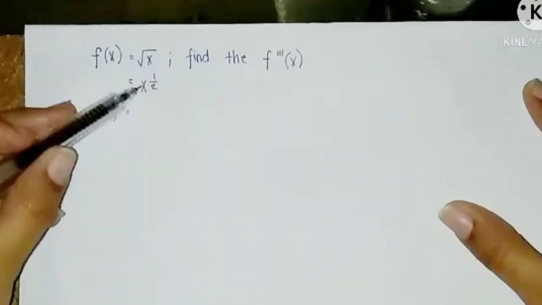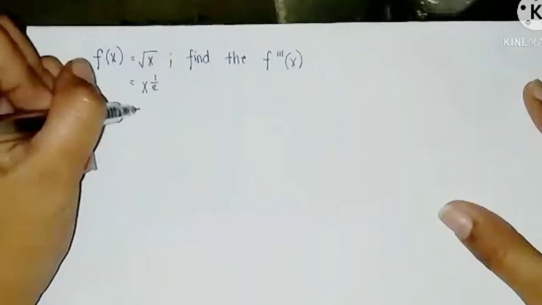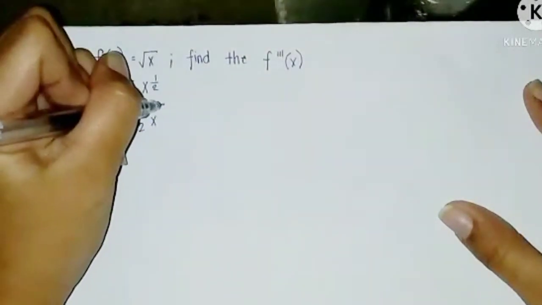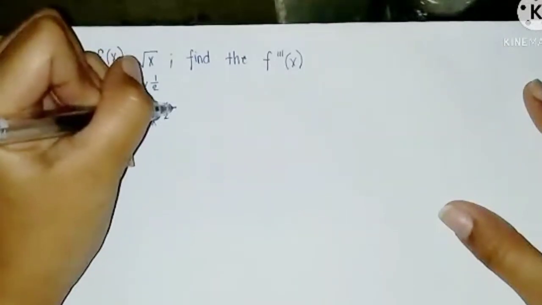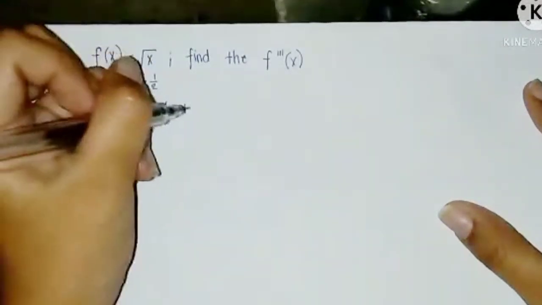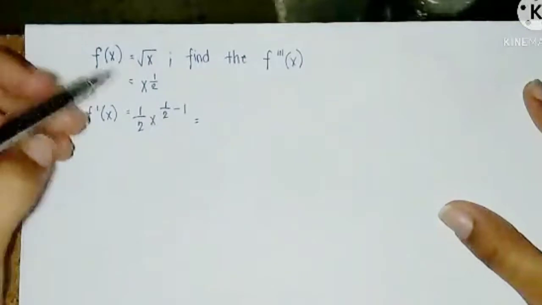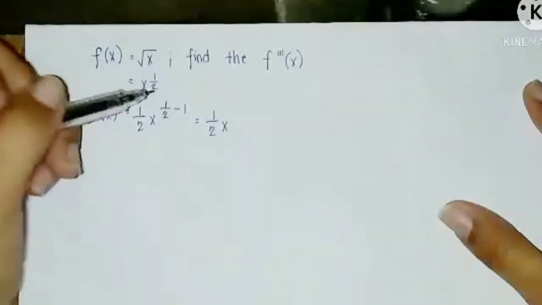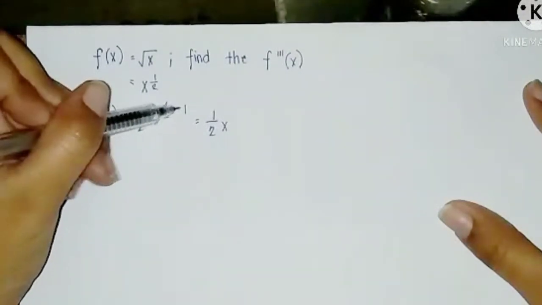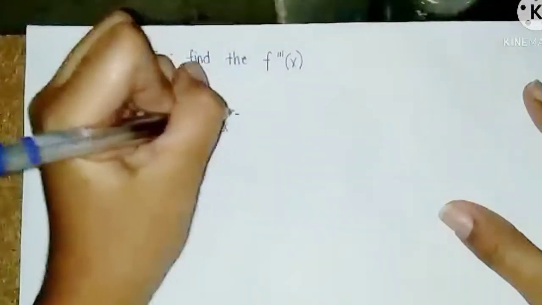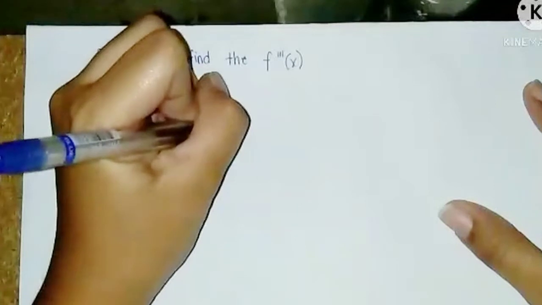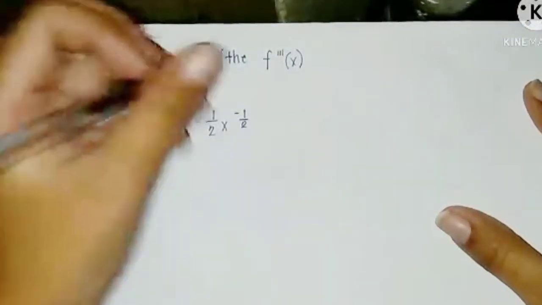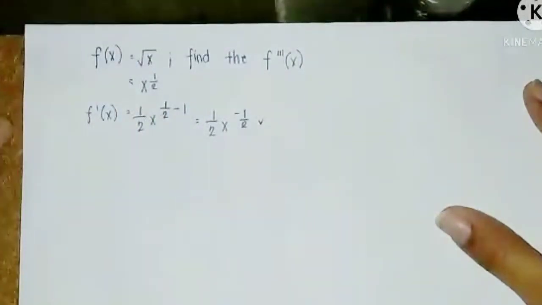The derivative of x raised to 1/2 is 1/2 x raised to 1/2 minus 1. And to simplify, let us have 1/2 x, and 1/2 minus 1 is equal to negative 1/2. And this is our first derivative.